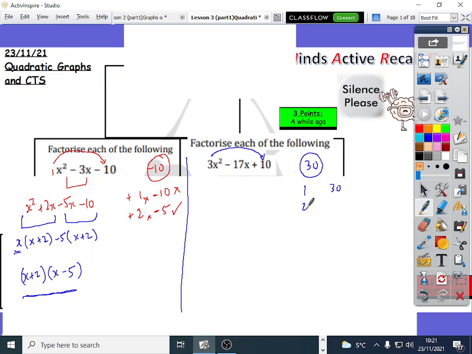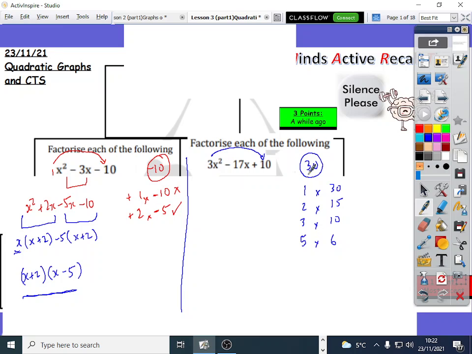After 1 comes 2. 2 times 15. After 2 comes 3. 3 times 10. After 3 comes 4, but 4 does not divide exactly into 30, so we don't do 4. Then I go to 5. How many 5s go into 30? 6, so 5 times 6. And that is it. I've got all my factors here that will multiply together to give me 30.